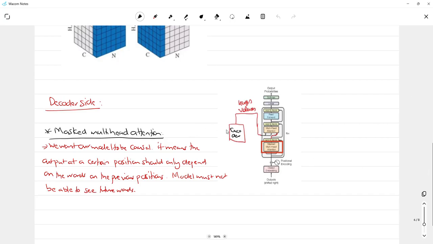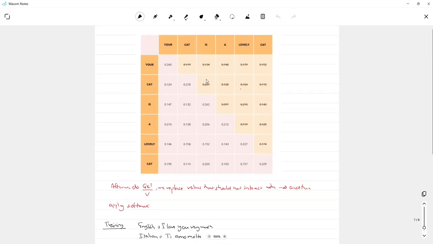Just like in the encoder, the decoder self-attention mechanism begins by computing the query and key vectors dot product, which measures the raw attention score between every pair of words in the output sequence generated so far. And here is the attention matrix that we see here.